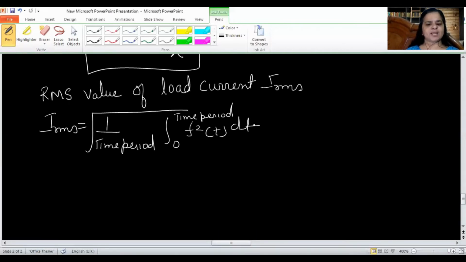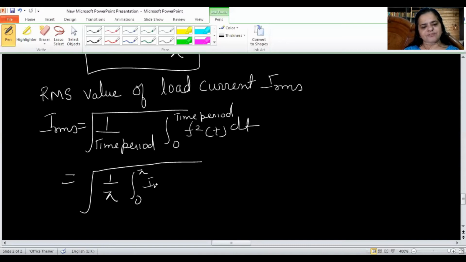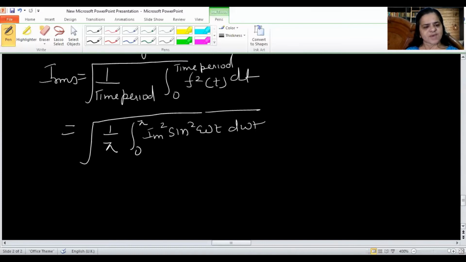This is the mathematical expression by which we can calculate the RMS value. Now for this load current waveform, the time period is pi, so 0 to pi, f of t I can write as Im square sine square omega t d omega t. So this is how we are going to calculate the RMS value.